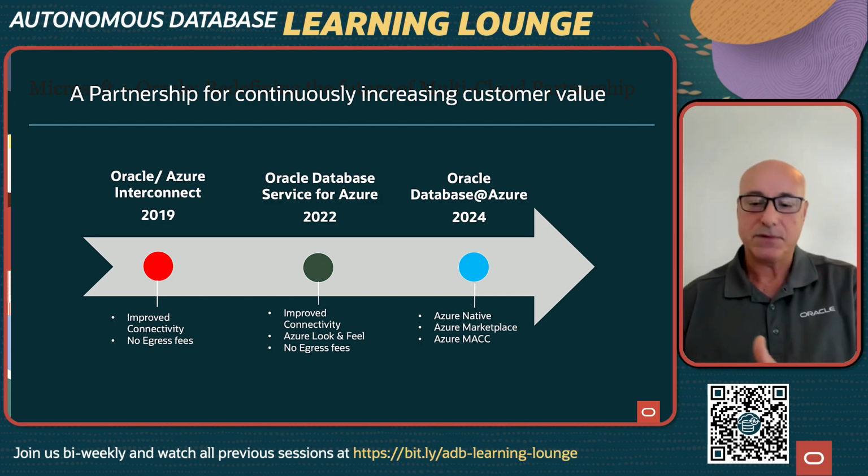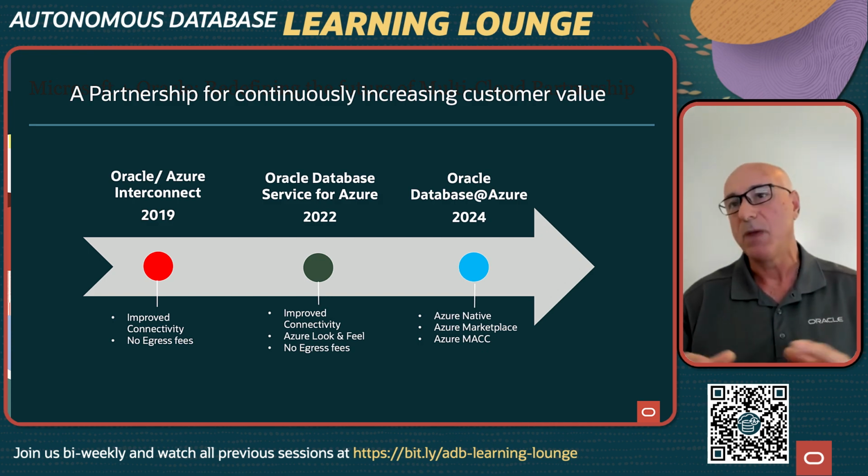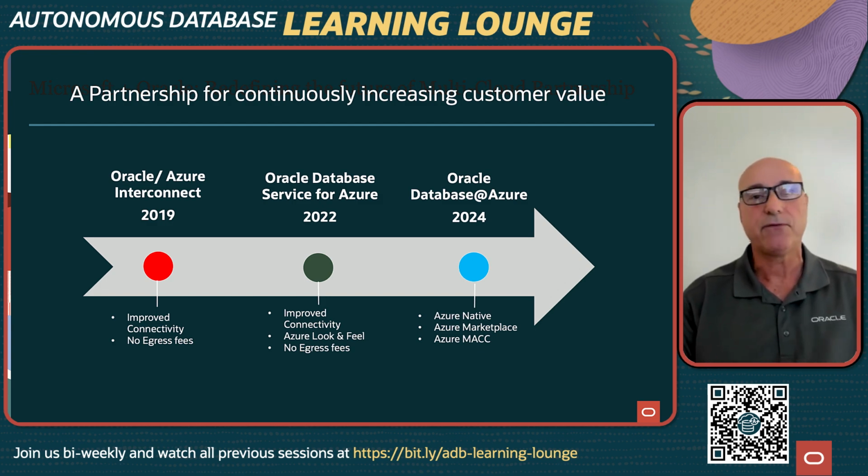But again, listening to customers, we need more innovation. They actually wanted residency in Oracle so that they could take advantage of low latency and have much better integration with Azure services, telemetry, and so on. So in 2024, the idea of becoming an Azure native service happened.